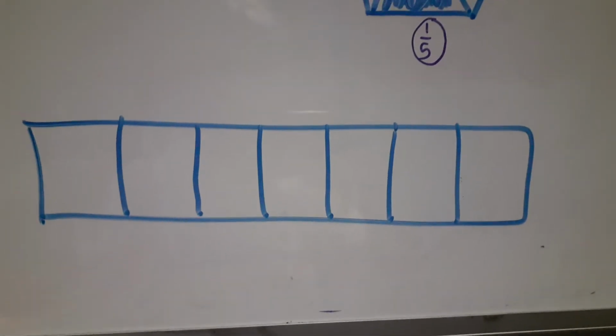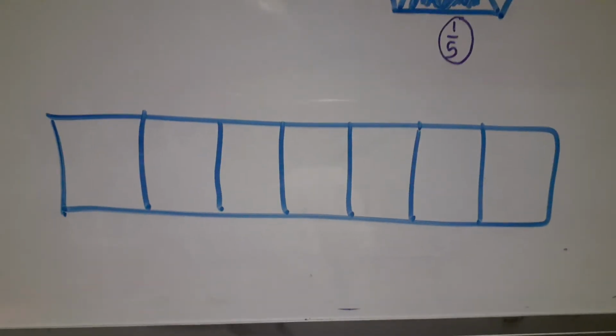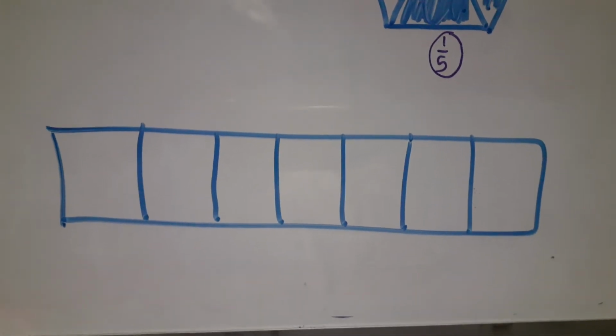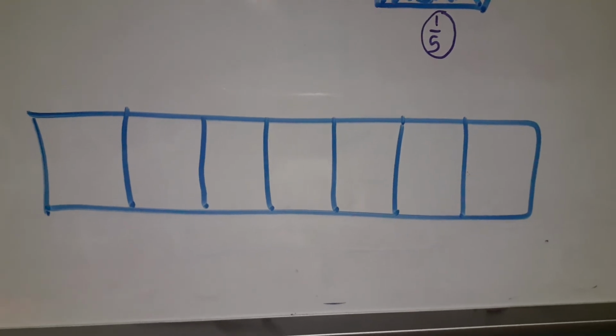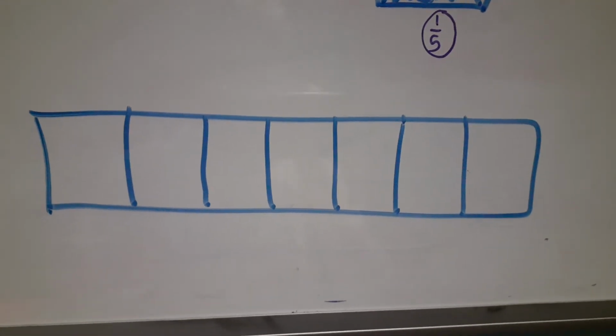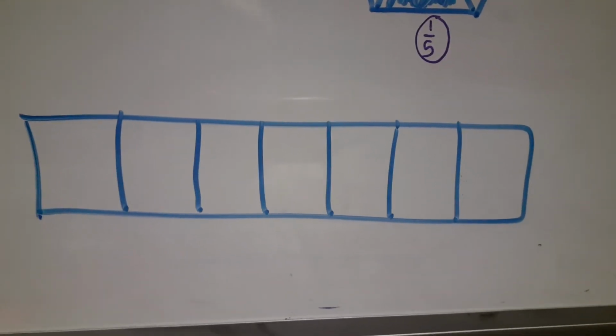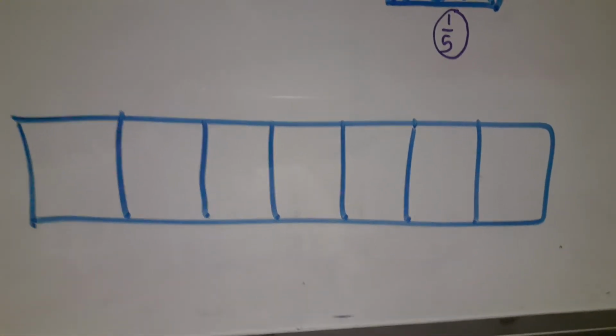So for question 3, it says 7 friends share a chocolate equally. That means that each child gets 1 piece of the chocolate.